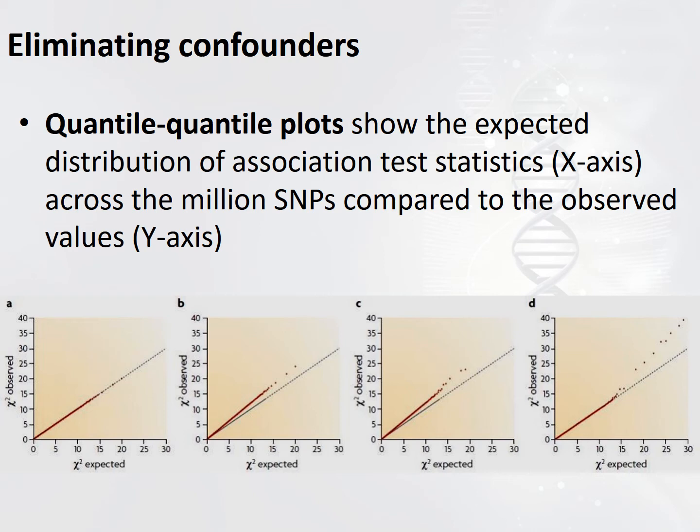In B and C, you find big problems. Those are problematic models that show a big statistical significance for a very large number of variants, which is probably the result of population stratification.